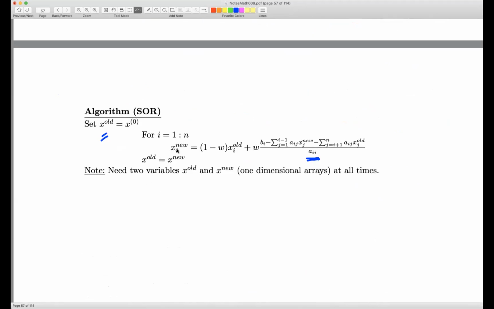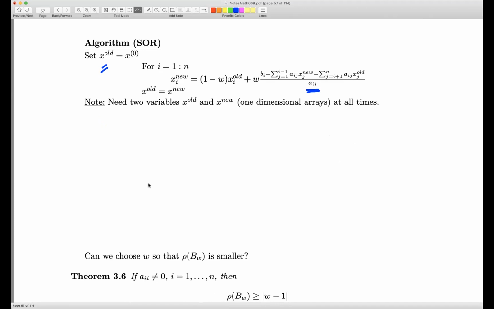You will find all the coordinates of the new approximation, and then you put the old approximation to be the new approximation, and repeat this process again.